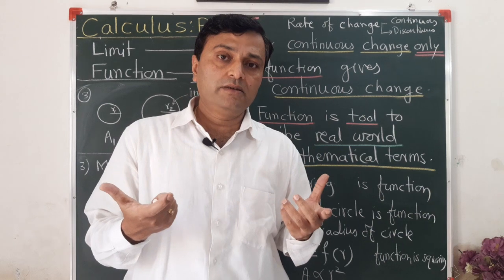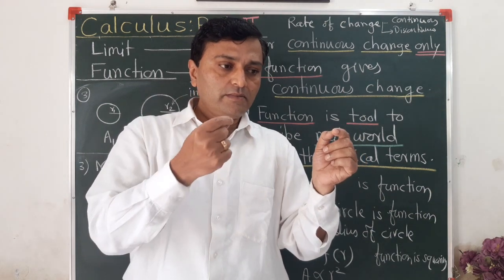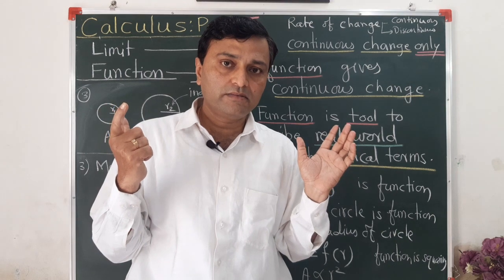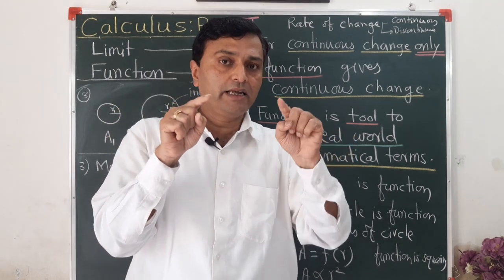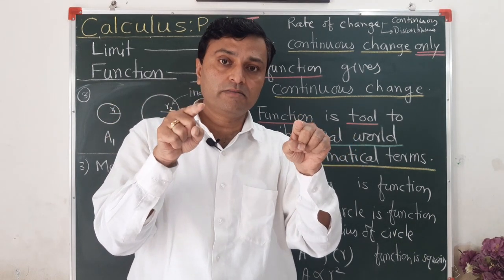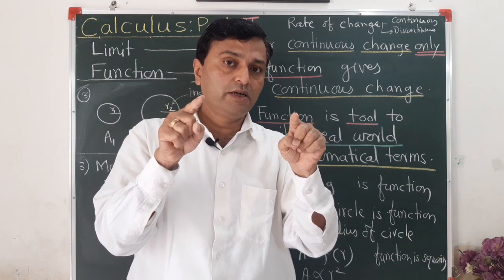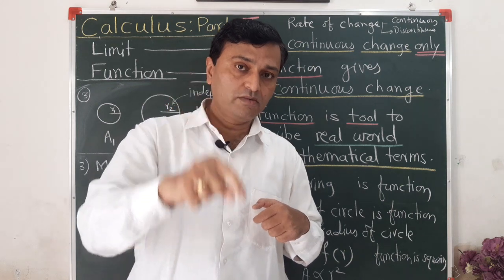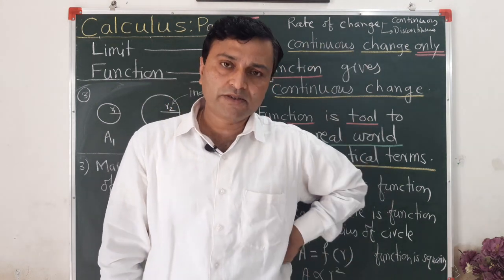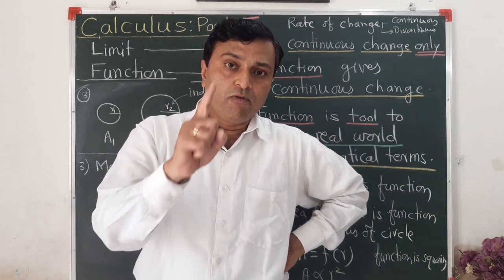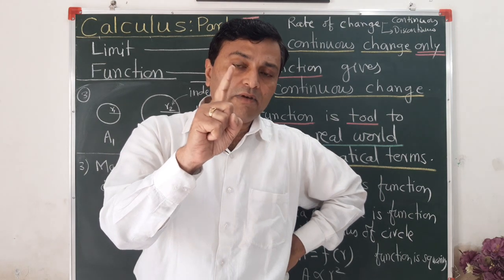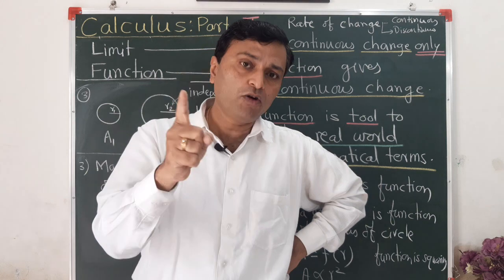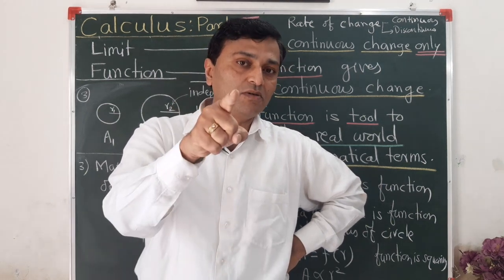What change? Suppose I have written y is equal to x square. Then y and x both are variables. But we will decide the value of x. Y cannot decide the value. Y has to follow the function, follow the rule, the squaring rule.